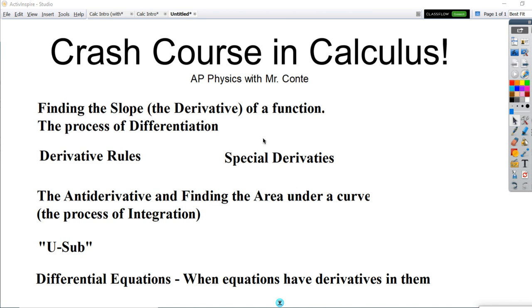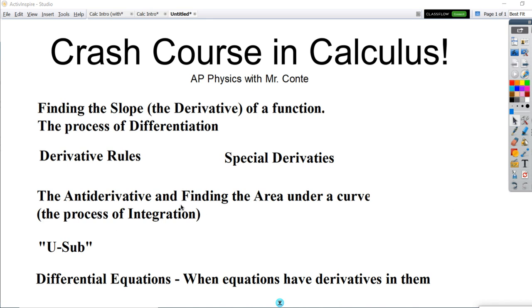There are also some special cases of different types of functions which you should know what their derivatives are. So we'll go over what those special derivatives might look like.